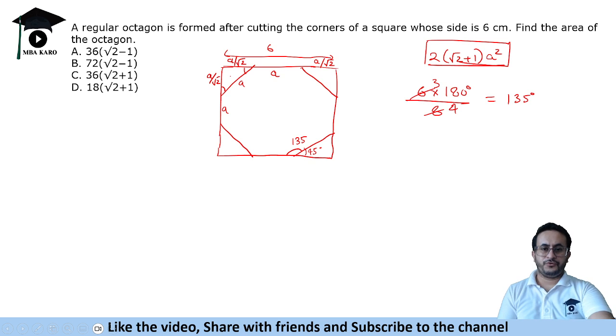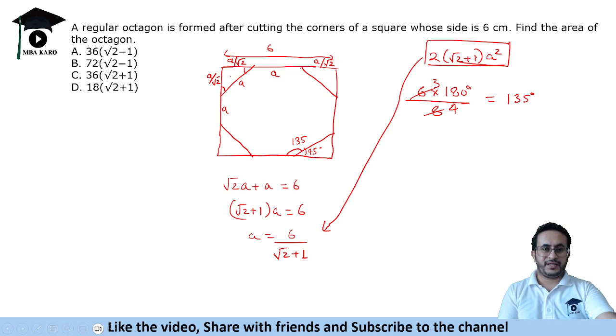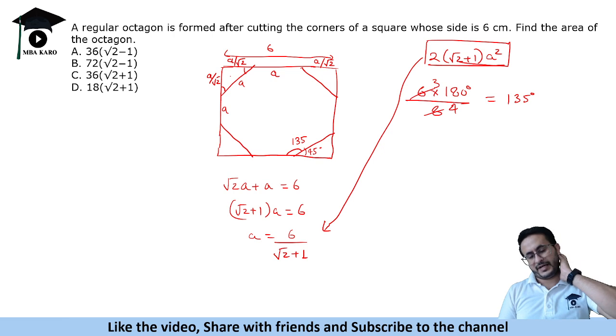Now if you have to calculate the side of the octagon, when you add all these, this will be root 2 A plus A, that is equal to 6. So root 2 plus 1, A is equal to 6. So you will get A is 6 upon root 2 plus 1, and then you will put it in this formula here to find the area. Okay, and then you will get something in terms of root 2 and some values, right?